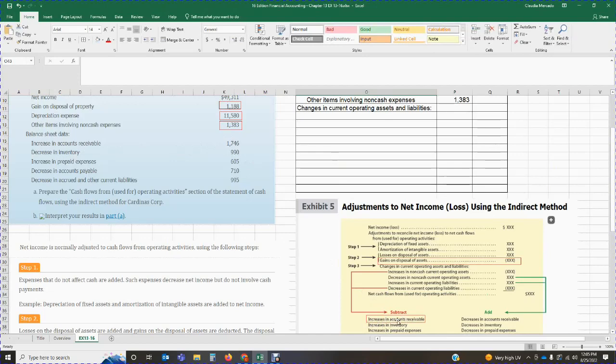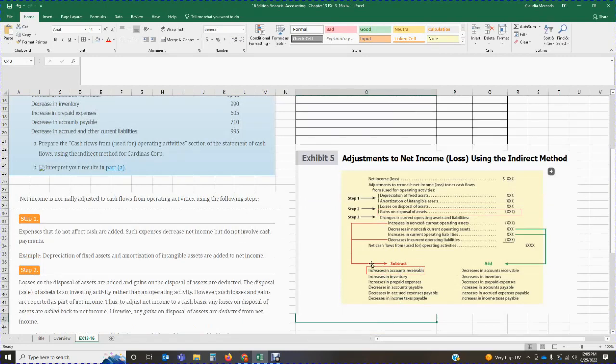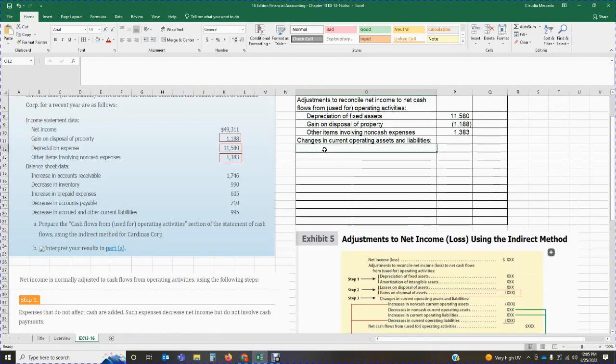If we have an increase in accounts receivable, we need to subtract that dollar amount. So we're going to subtract that amount of 1746.